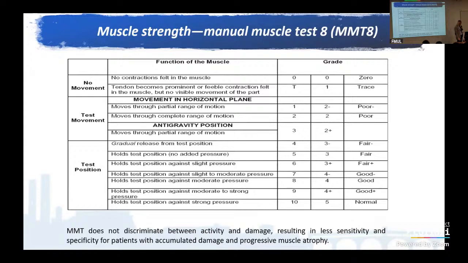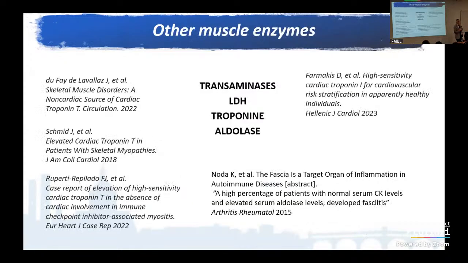This should be remembered. But we have also other muscle enzymes. For example, we should consider that transaminases, LDH, troponin, and also aldolase may be increased. In particular, remember that 10–15% of people with myositis may not have a CPK increase, but they could have an isolated aldolase increase, in particular in painful conditions, because aldolase is near the fascia of muscle, and we have nociceptors in the fascia.